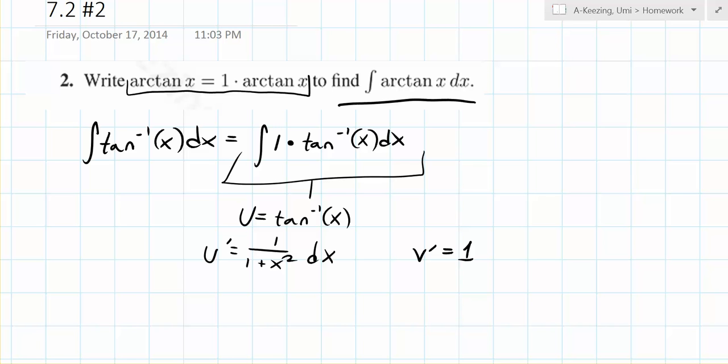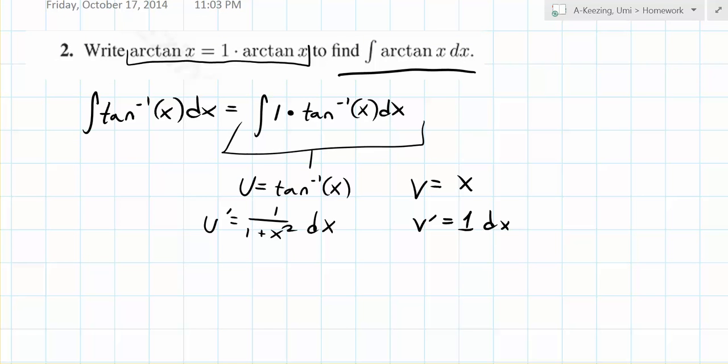If you haven't, shame on you. Okay, so now we have v prime equals 1. So to find an antiderivative, we have to integrate. So I hope you know that the integral of 1 is x, since we're doing this in terms of x. Oh, and I should add a dx after 1 in v prime.